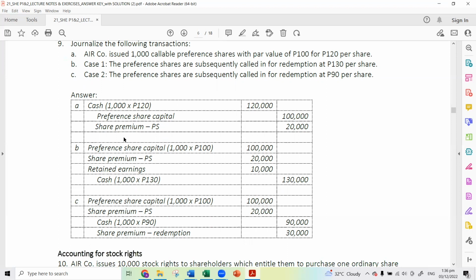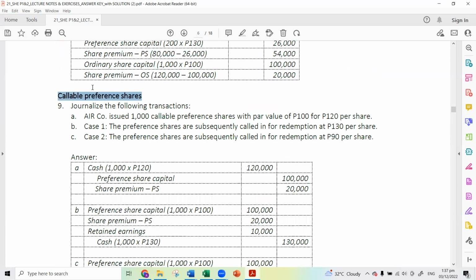Redeemable preference shares are classified as financial liability because when the holder exercises its right to redeem, the issuer has no choice. It is mandatory to pay the redemption price. On the other hand, with callable, the one with the option is the issuer, who has the right to call.